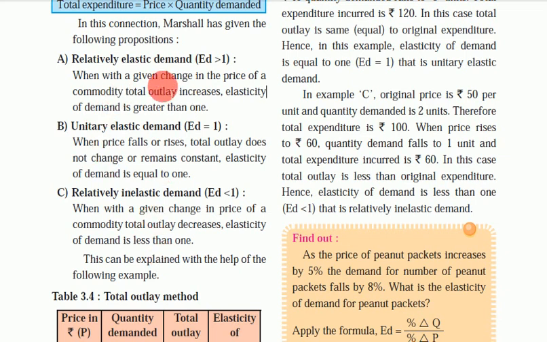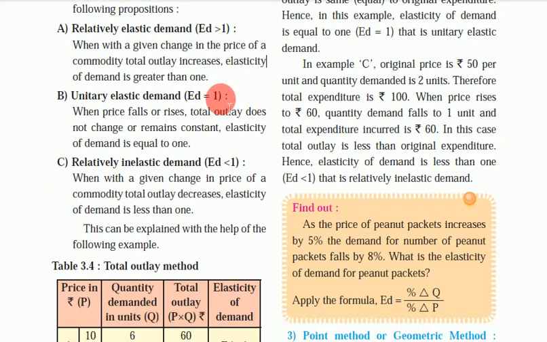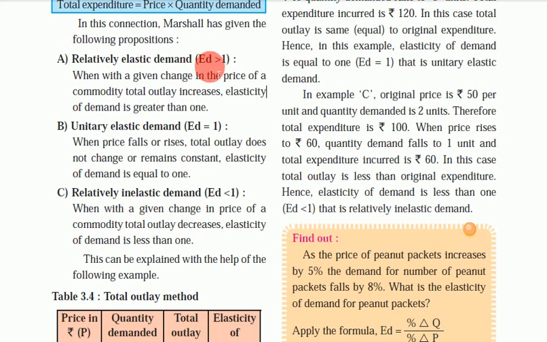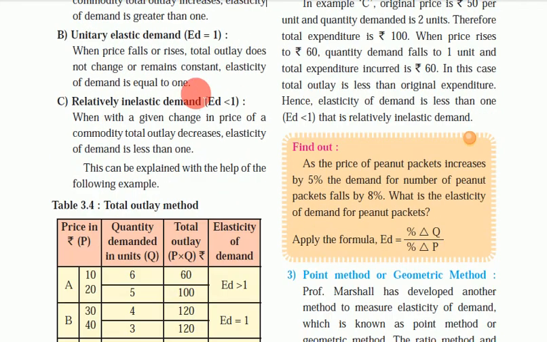When, with a given change in the price of a commodity, total outlay increases, that is, due to the change in the price the current outlay increases, then we will say elasticity of demand is greater than 1.